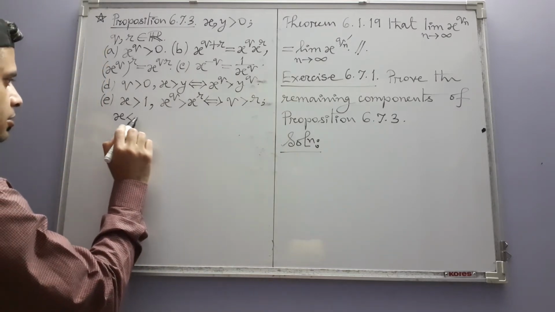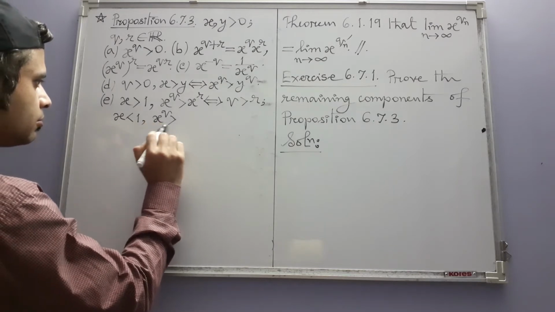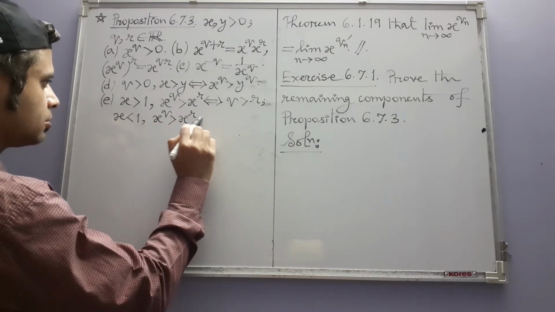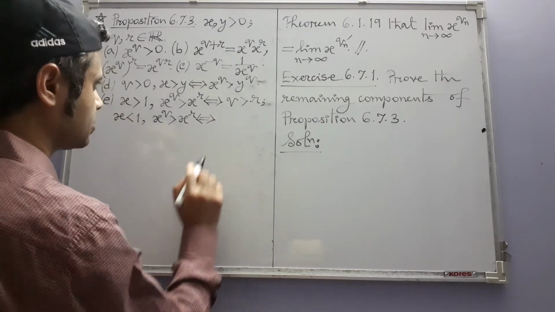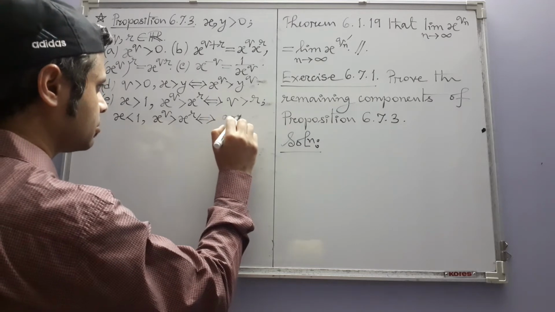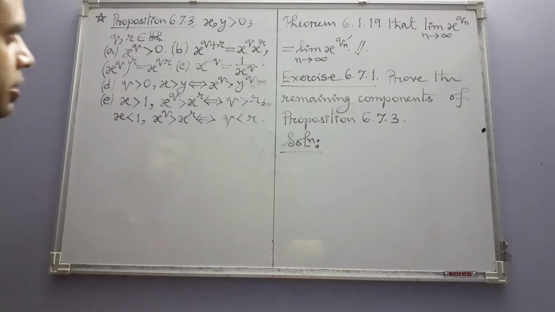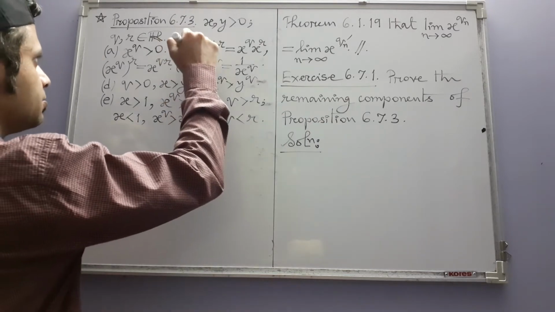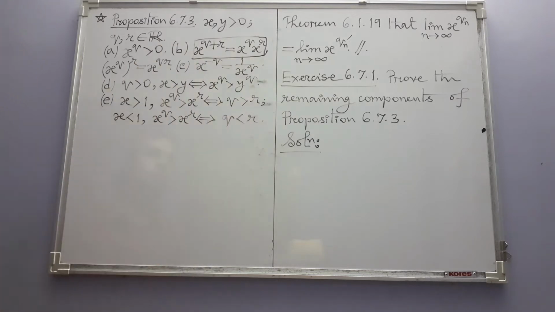And if x is less than 1, then this if and only if, this time the inequality will get reversed, q is less than r. We need to prove these things, among which we have already proved only this. The rest we now have to do.